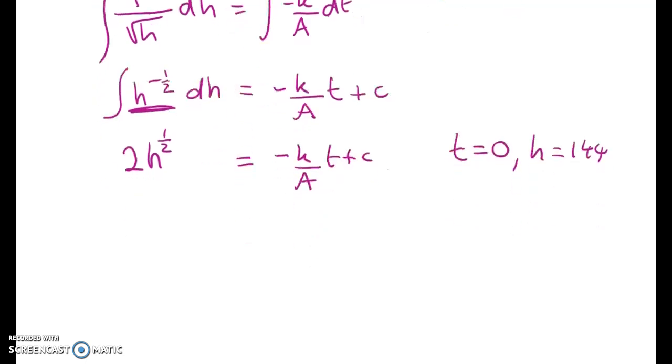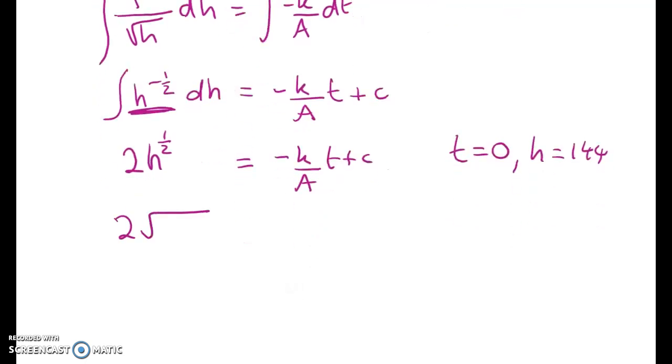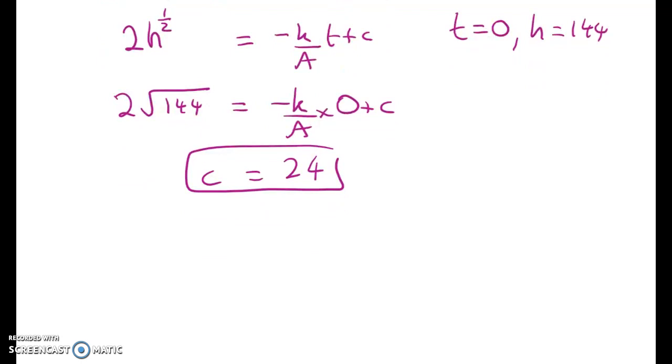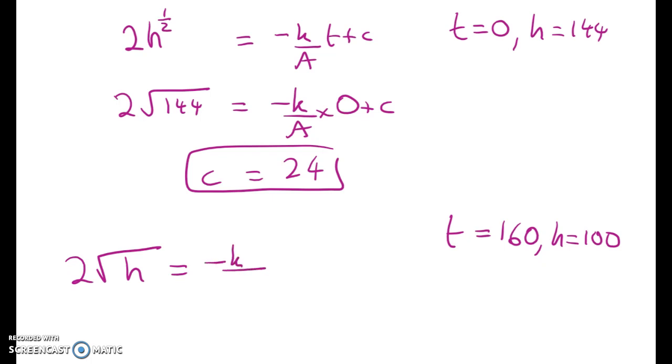And now I'm ready to substitute. So 2 times root 144 is equal to C. C equals 24. That's the first bit done. The next point that we're going to substitute is t equals 160, H equals 100. So 2 root H. Well, we know A now as well, don't we?